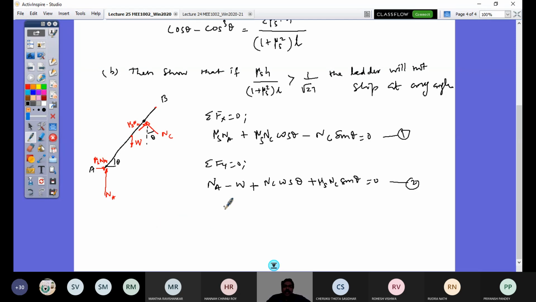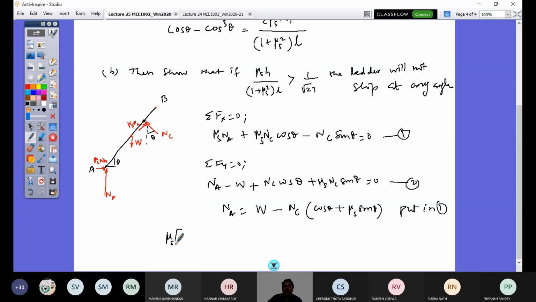So let me now get the value of NA from equation 2. That's W minus NC, and if I take NC out, it is going to be cos theta plus mu s sin theta, right? So this I can put in 1. So if I put this in equation 1, I have mu s into NA.